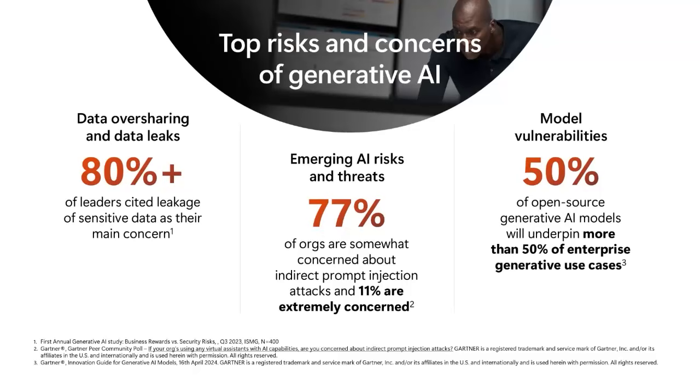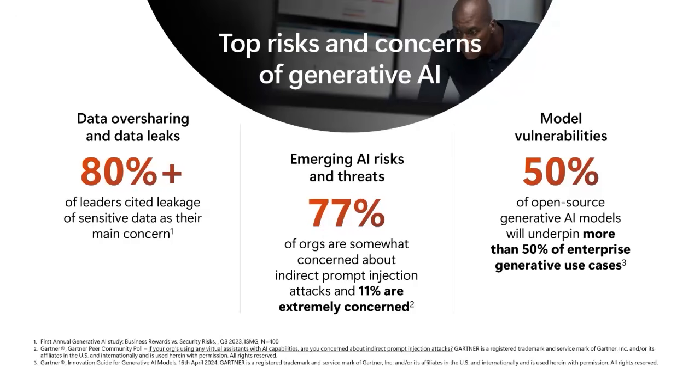I'd like to begin with setting some context here. Based on some research and interviews that we have done with business leaders and cybersecurity professionals, the most common concerns that we hear are, one, data oversharing, and that's basically 80% of the leaders who participated in the study were concerned about data oversharing and data leaks.